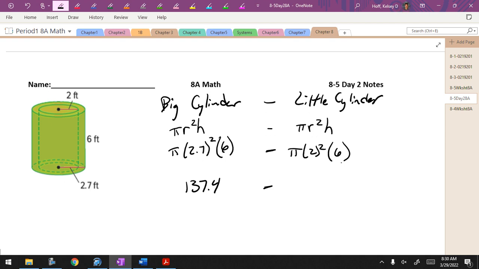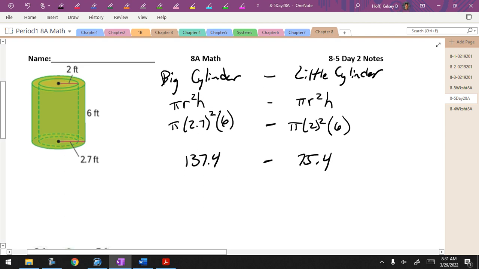If I put this in, what do I get as a volume? Anybody else get 75.4? Yes, Sarah shook her head yes. Last but not least, subtract your two: 137.4 minus 75.4. 62 even?